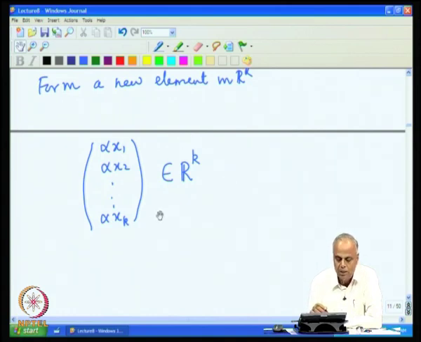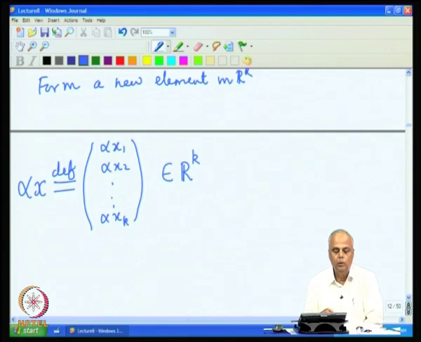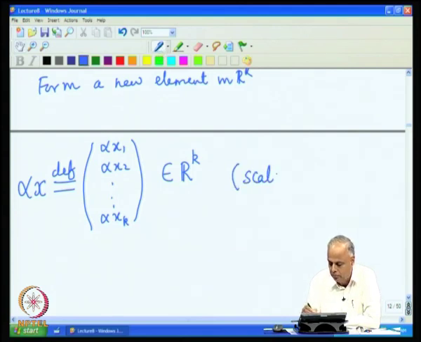This process is what is called scalar multiplication. So, we define this as alpha x, this is the definition. This is the rule of combining a real number alpha and an element x in RK, and this rule is called scalar multiplication.